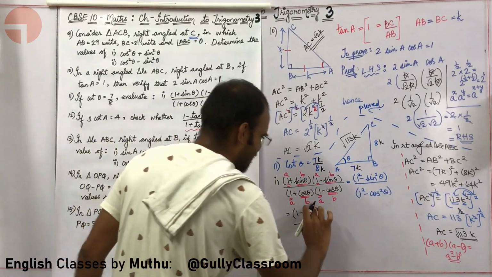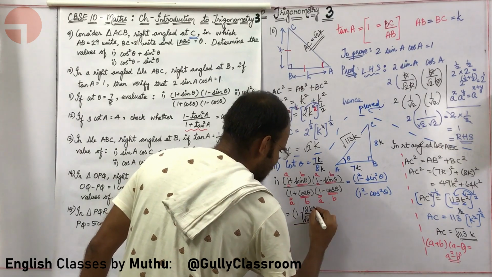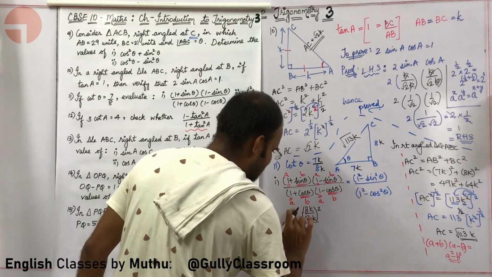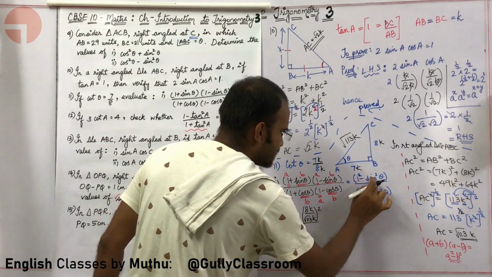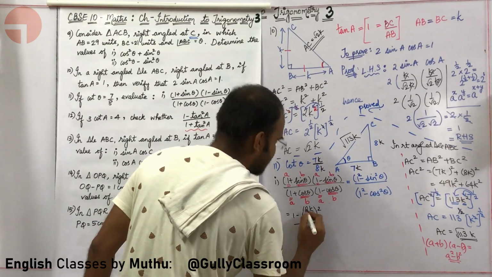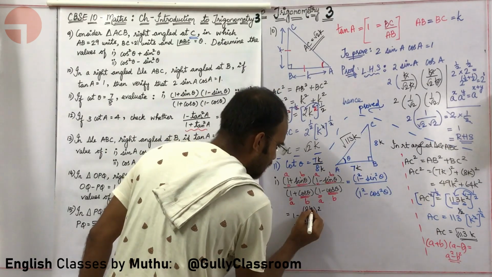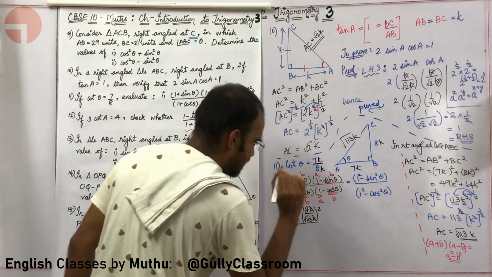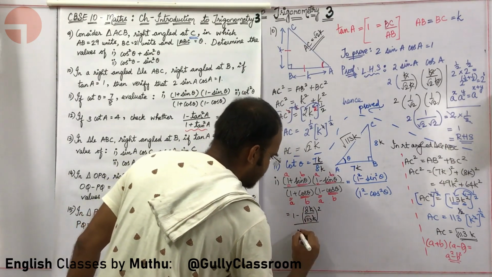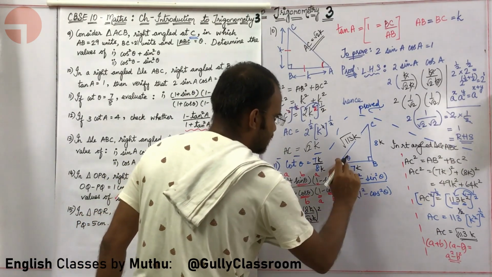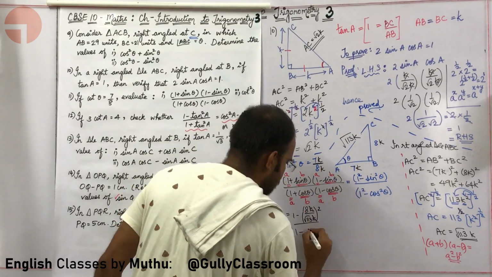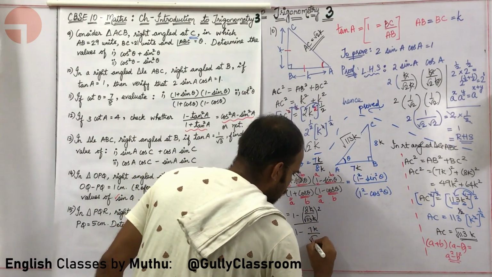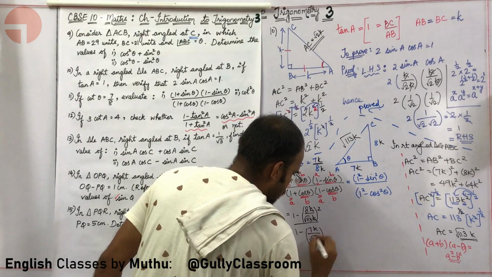I am totally sorry. Here you are missing a square value because here what is given? 1 minus sin square theta. 1 minus sin square is opposite by hypotenuse. Inside this bracket, this k and this k will get cancelled. In the denominator, there is 1 minus cos theta. With respect to this theta, adjacent by hypotenuse is nothing but 7 by root 113 k whole square.